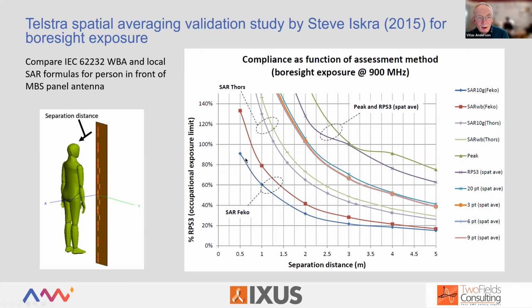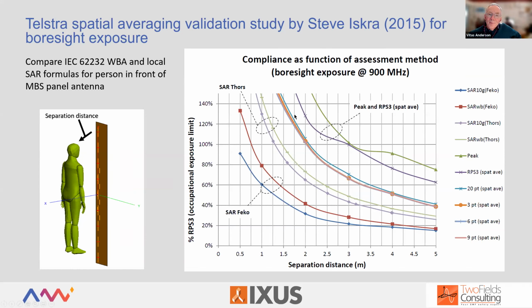And then as you go further out, to about 0.33 meters away from the antenna, you'll basically hit the 100% limit, and that's as far as you can go according to the local average SAR limit. And likewise, he's done the same for whole body SAR as well, and that's shown by the red curve.